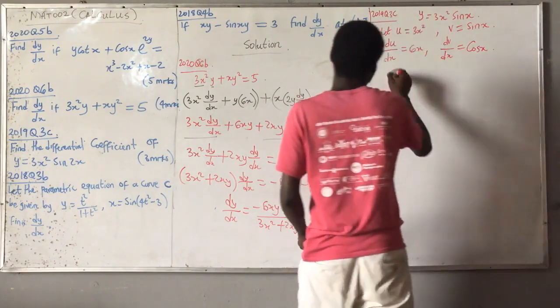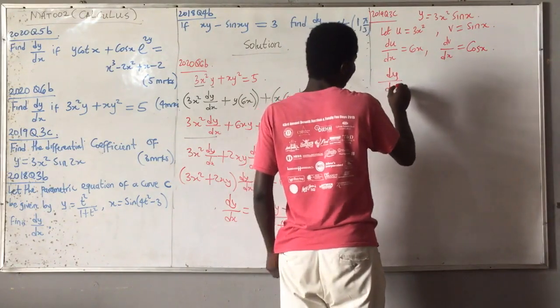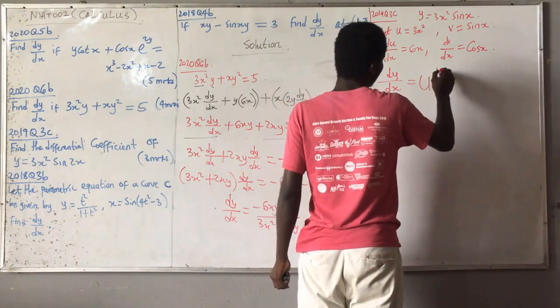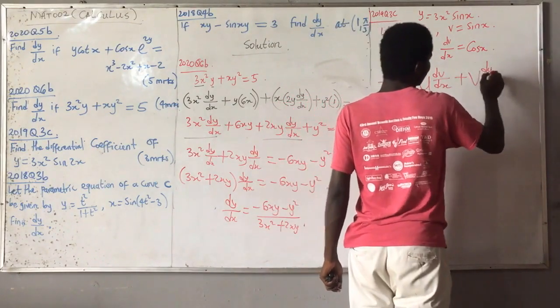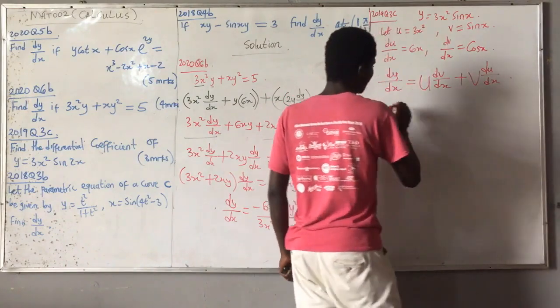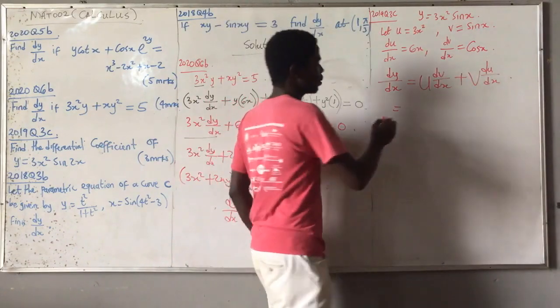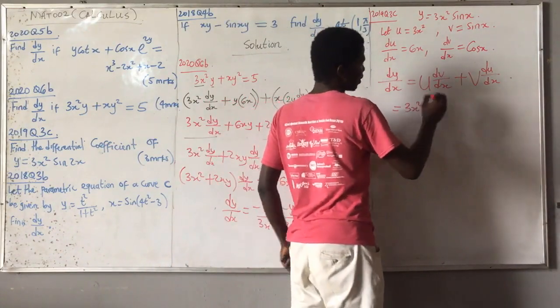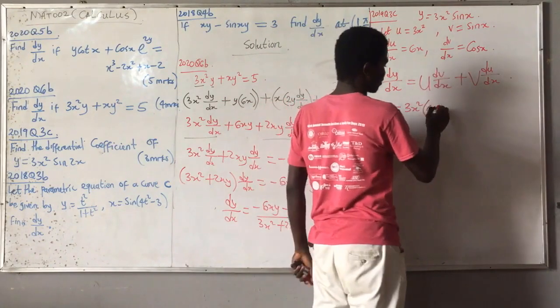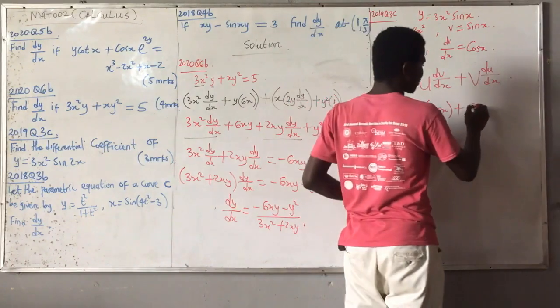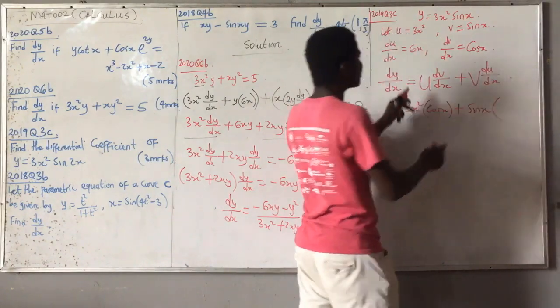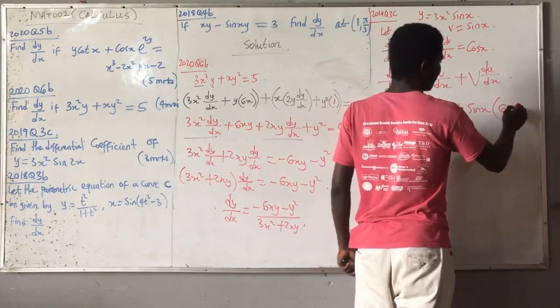You have to remember that one as well. dy/dx equals u dv/dx plus v du/dx. What is u? u is 3x squared. The dv/dx is cos x, plus v. v is what? sin x. The du/dx is 6x.